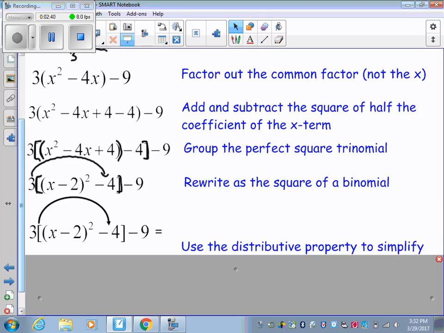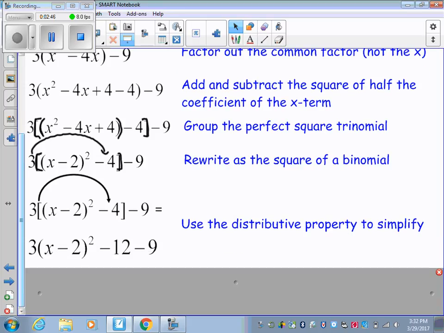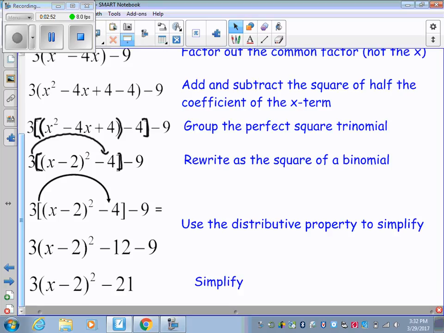You can see here I'm doing the distributive property. 3 times negative 4 makes negative 12. And the final step will be to simplify negative 12 and negative 9 to be negative 21. This is now in vertex form. Started off in standard form, and it is now in vertex form.